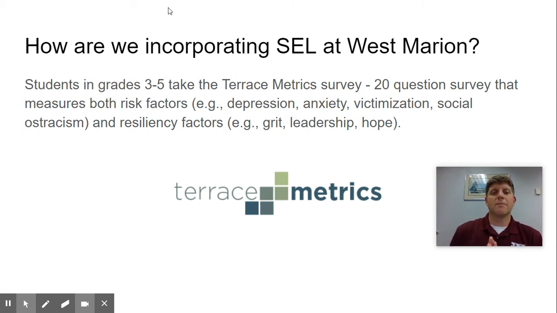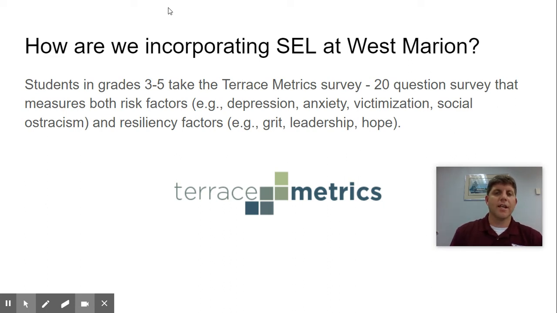And I know that may seem like some deep, tough topics at such an early age, but we as a district feel like if we can get this identified at an early age, we can intervene quicker and therefore may be able to help these students at an earlier age.